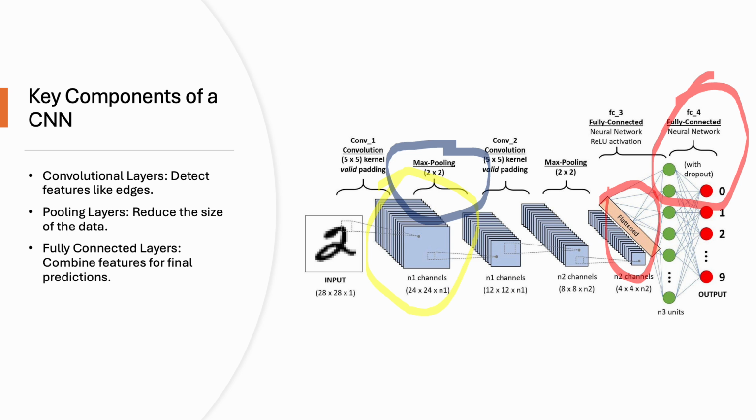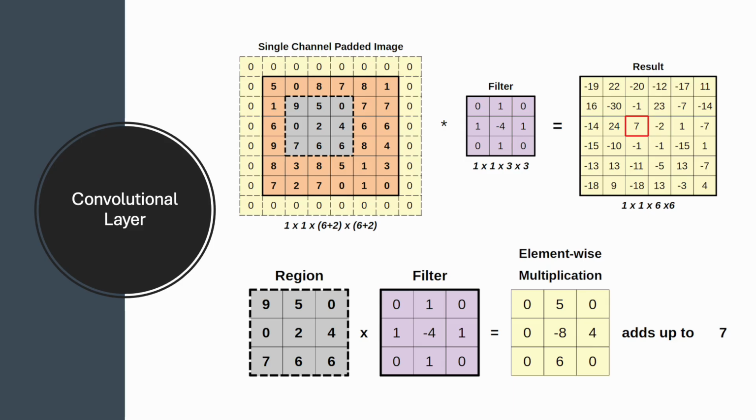I will break down each layer. Let's start with the convolution layer. So the convolution layer applies filters, or sometimes they are also called kernels, to an input image to detect features.